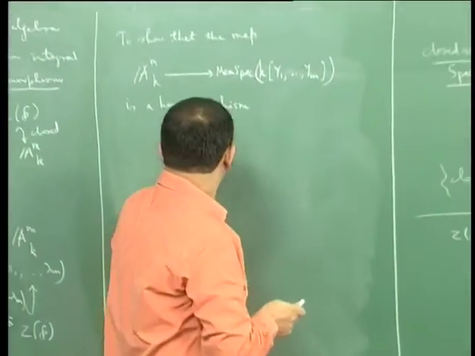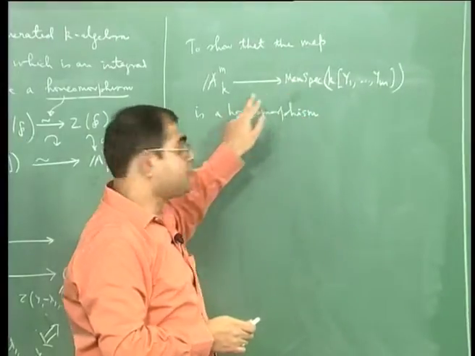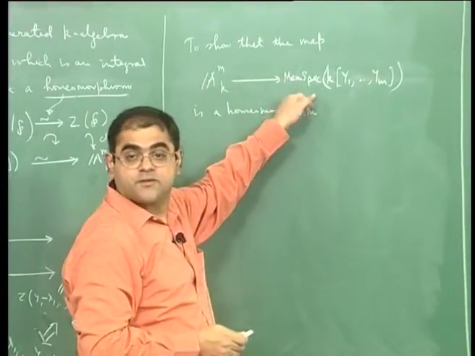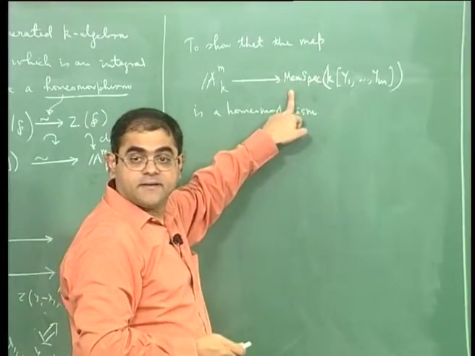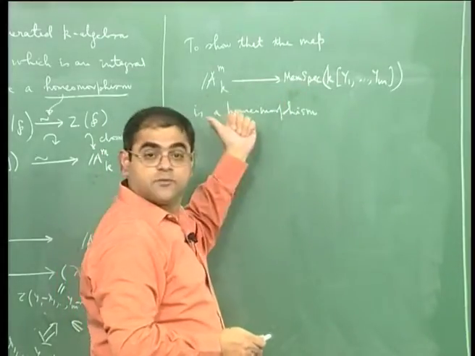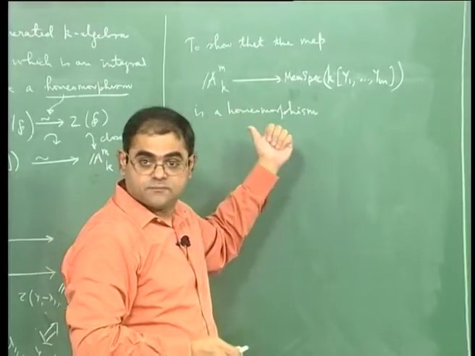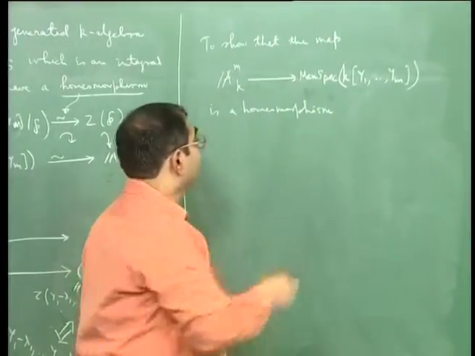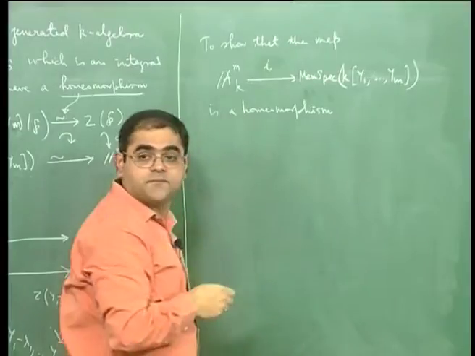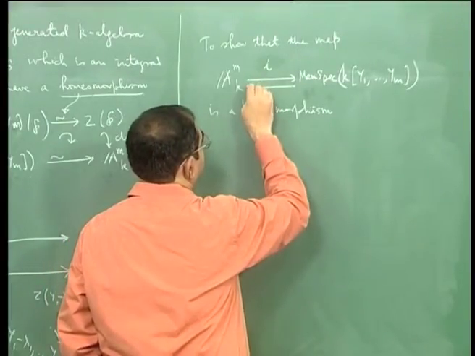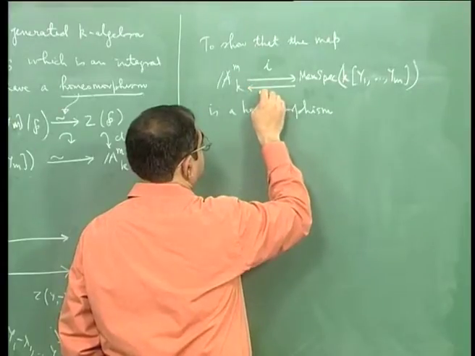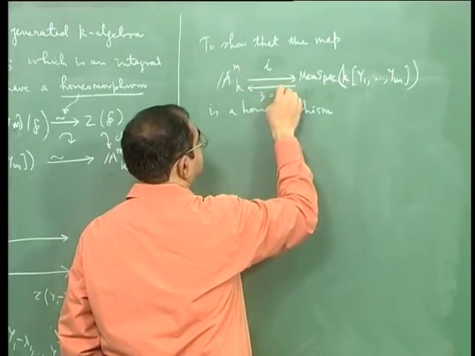And therefore to check that this is a homeomorphism, it's enough to show that this arrow is closed, which means that it maps a closed set to a closed set, and to also show that the reverse arrow is also closed, because it's already a bijection. Okay, so let me give this some name. Let me use I, and let me call the inverse map in this direction small z, which is I inverse.